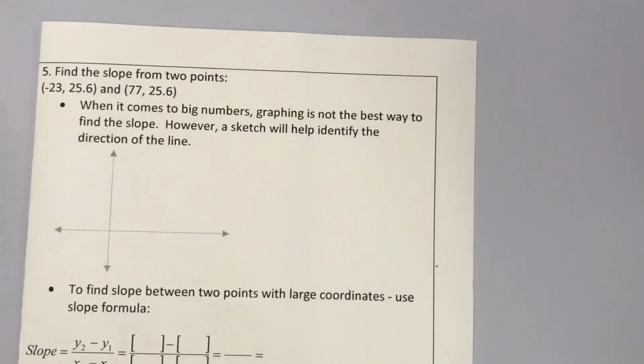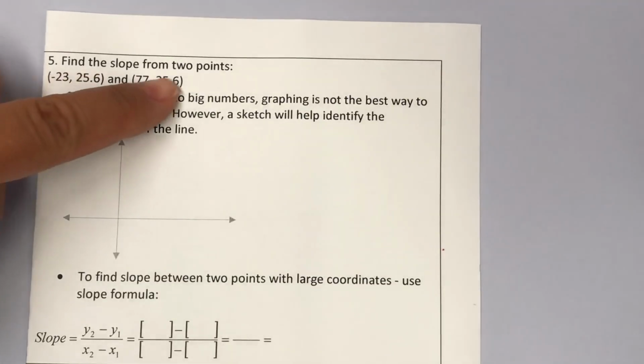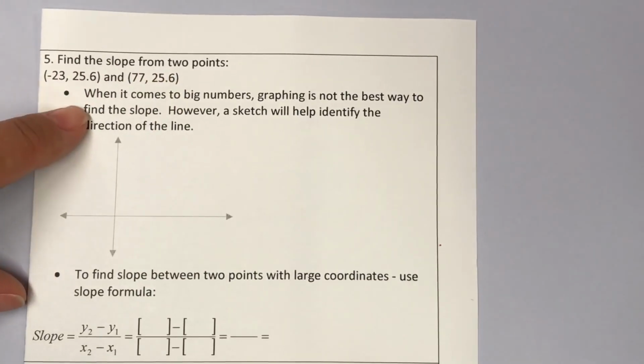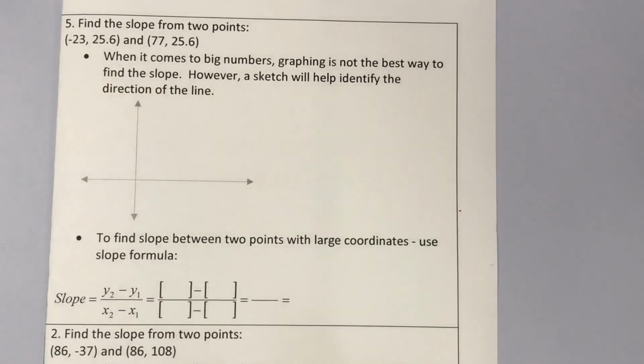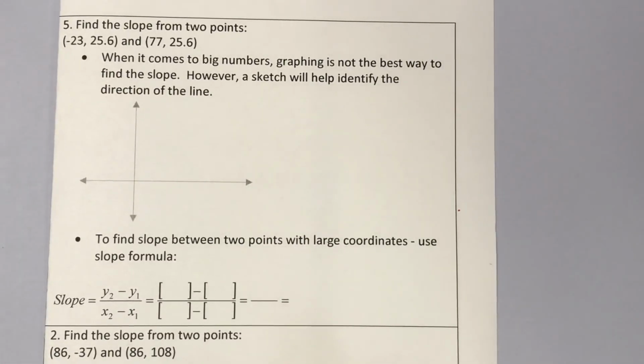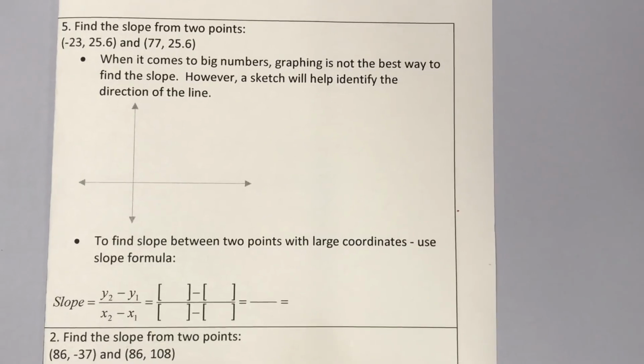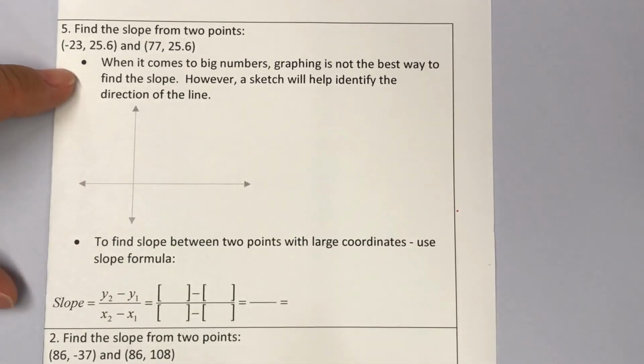When it comes to bigger numbers and we need to find the slope, graphing is helpful by sketching and visualizing your direction. So the numbers that are big, we can still sketch.